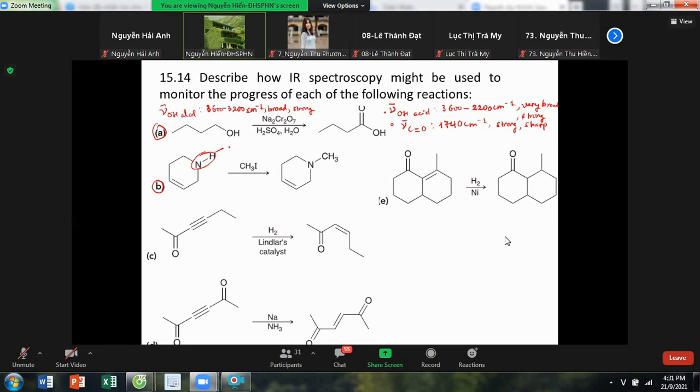So this is a secondary amine, so you have N-H secondary at about, I would say, something between this range, and you don't have N-H anymore in the product.